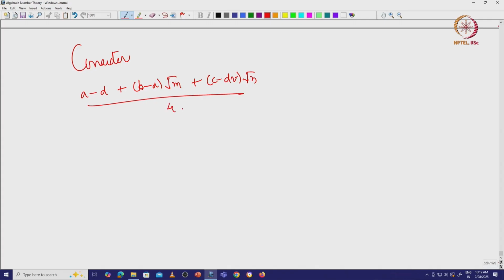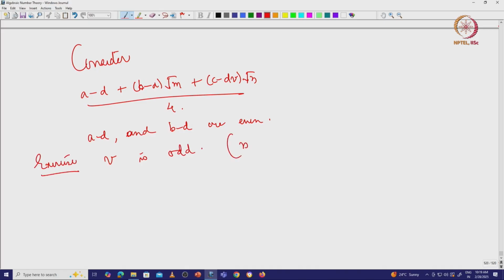And now you see that a minus d and b minus d are even, right. What about v? v is necessarily odd, right. So, maybe you can take this as an exercise.